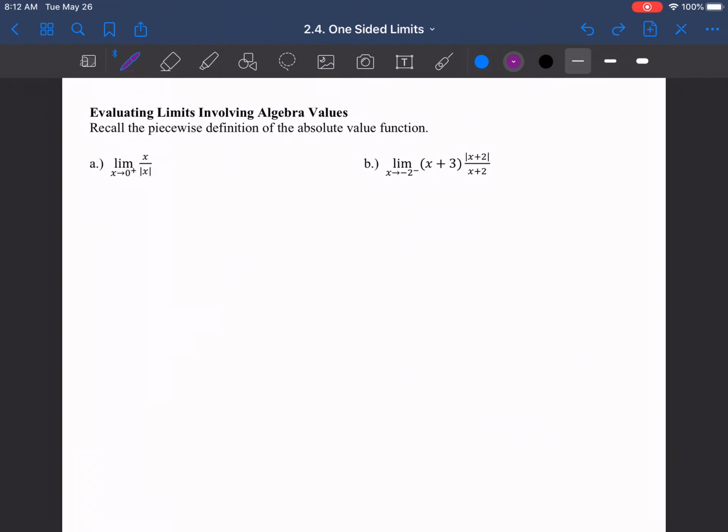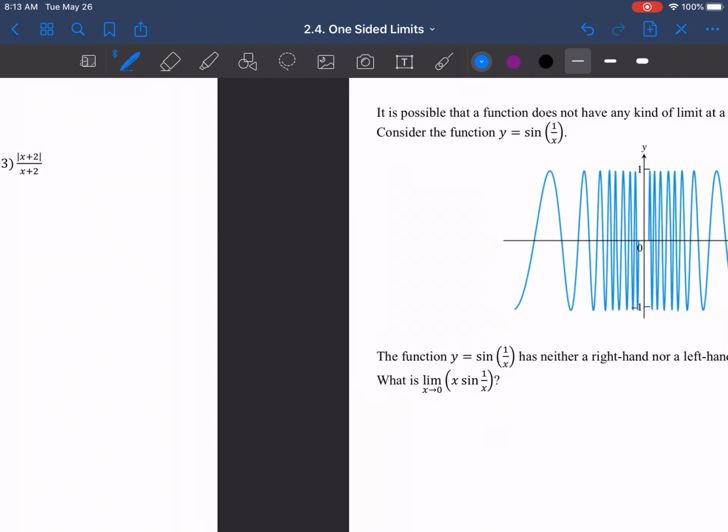Our graph looks like this, where it's going to be 1, or actually that's a does not exist, so that's going to be an open circle to the right, and then an open circle to the left. So this is at -1, this is at 1. And so the limit as x goes from the positive direction, that means we're coming from here, is just going to equal 1. Okay? Try taking a look at this one, draw out the graph, and see what you can come up with for that one. And again, I'll put it in the notes for you to take a look at.